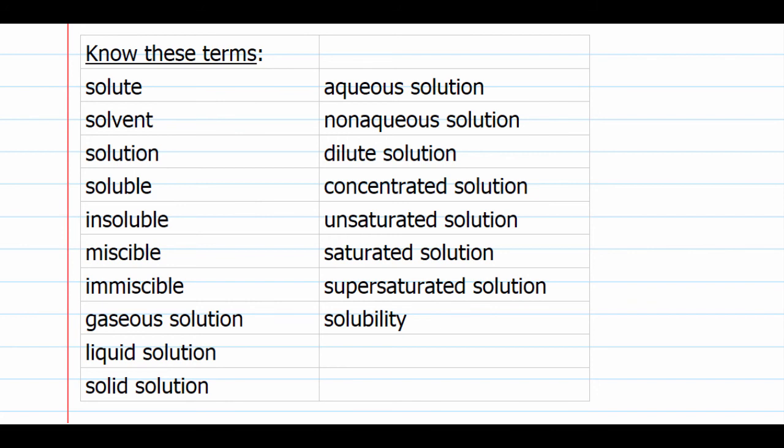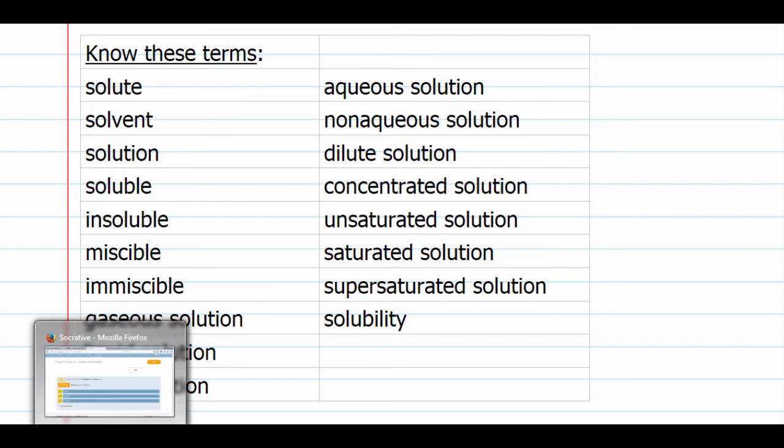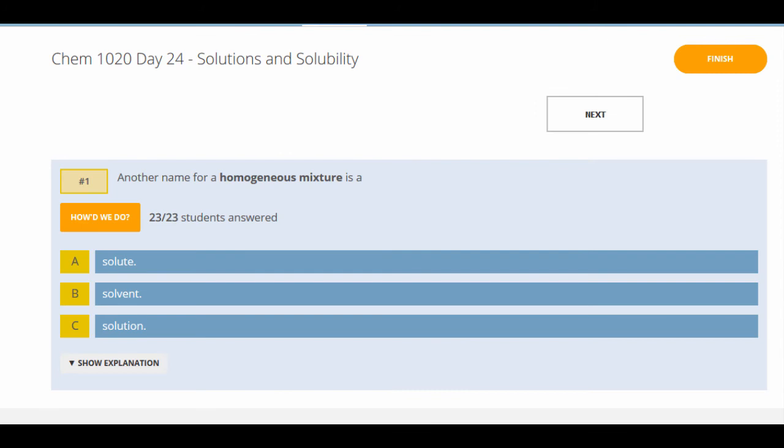And you have the question waiting for you on the Socrative app. We're going to take a look at that here right now. So we'll count down 5, 4, 3, 2, 1, and it is called a solution. And a solution is a mixture that we say is homogeneous. And by saying that a mixture is homogeneous, that means when we look at it, for example, these here are some solutions.